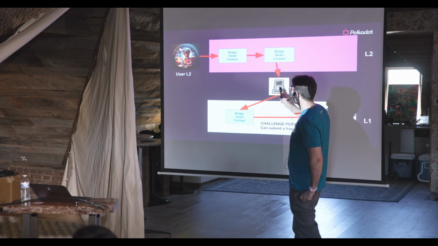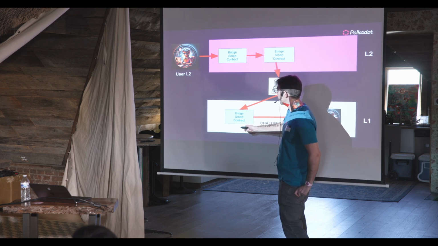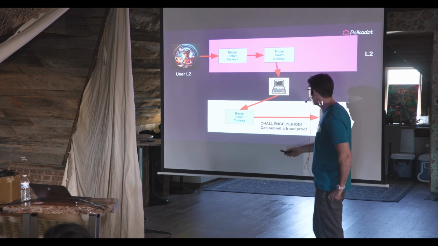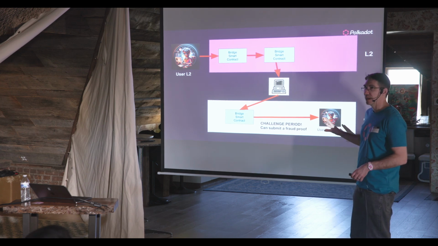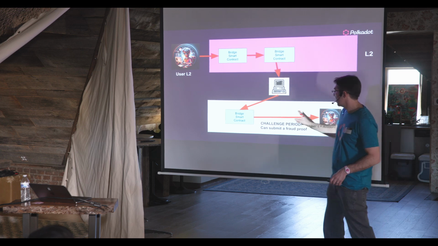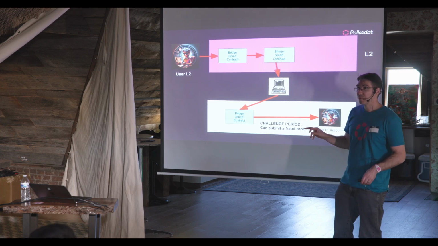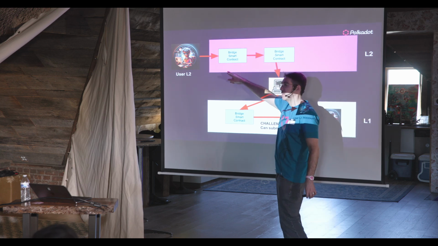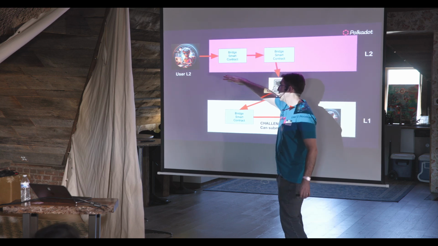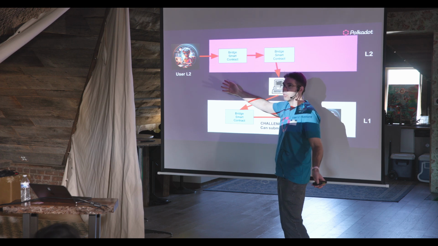So the sequencer says it's going to happen, and part of this is unlocking the 10 ETH, but there is this challenge period. Anyone can be viewing this during the challenge period and submit a fraud proof. What you need for the fraud proof is to say, look, here is what happened. Let's say this never took place.